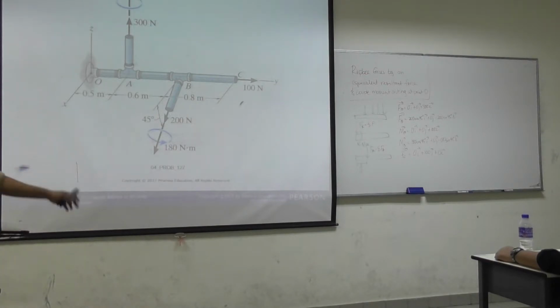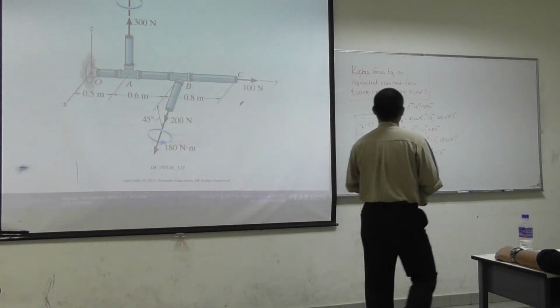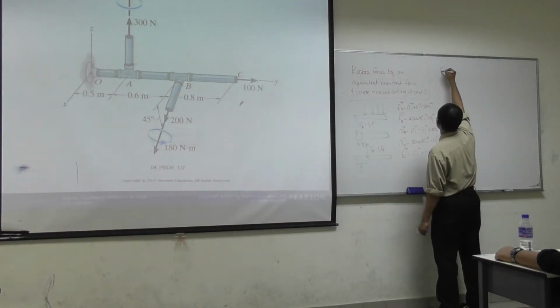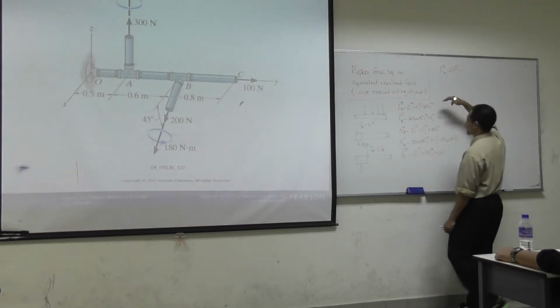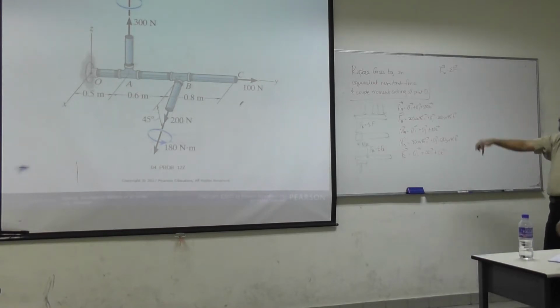After you know all the forces, what do you do? FR is simply the summation of all forces, right? So you just add FA, FB, and FC, all the three forces there.